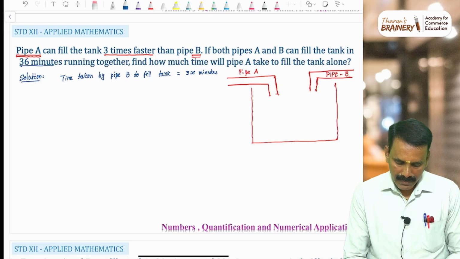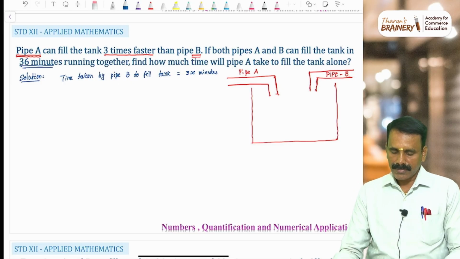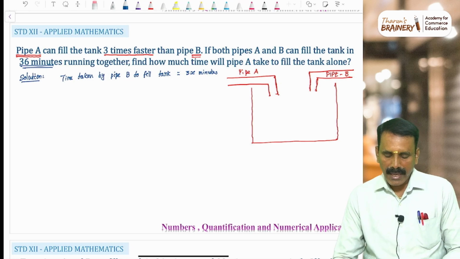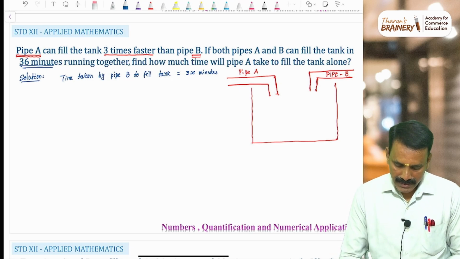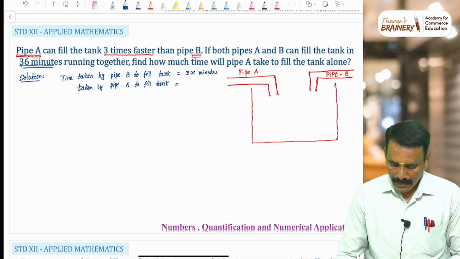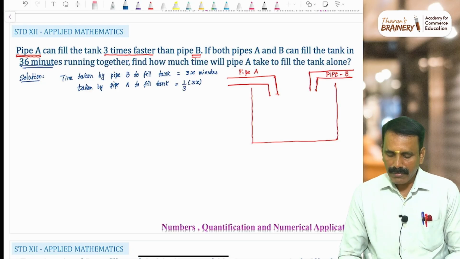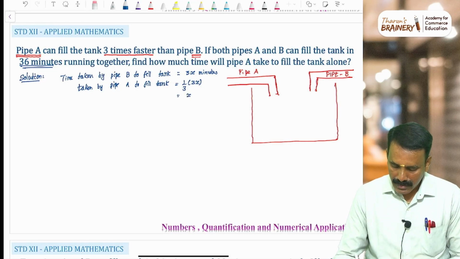Because we have here 36 minutes and we are taking the time to be a multiple of 3. Since the time taken by pipe A to fill the tank will be 1 by 3rd of the time taken by pipe B, that's why we are taking a multiple of 3. So it will be equal to x minutes.